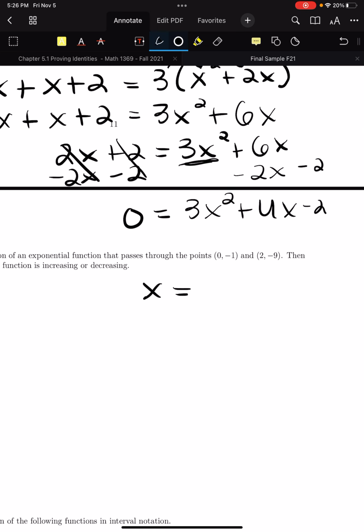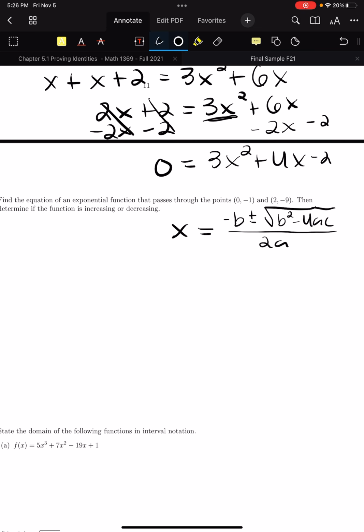x equals negative b plus or minus square root of b squared minus 4ac all over 2a. So here's our a, our b, our c.